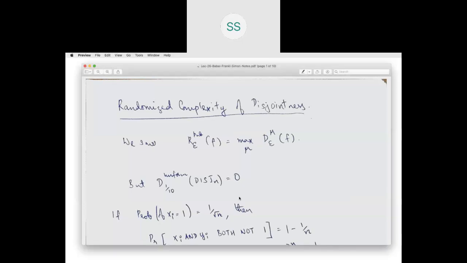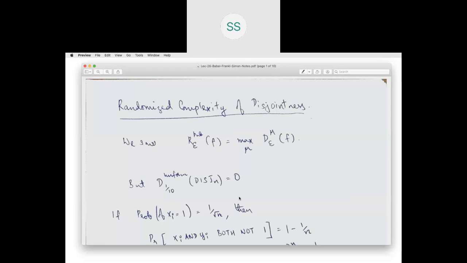But we have not really seen randomized lower bounds on disjointness, and this will be the first place where we'll see the randomized lower bound for disjointness.